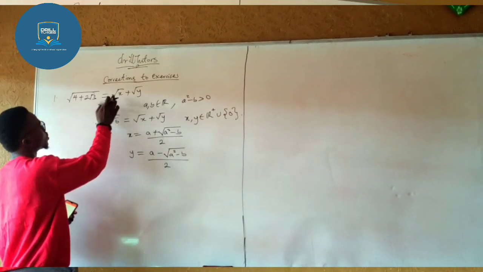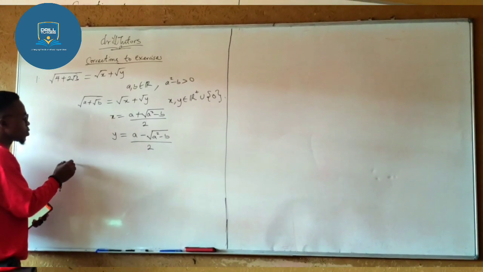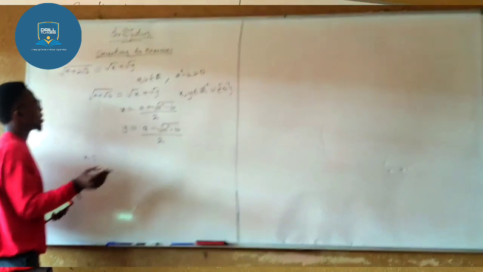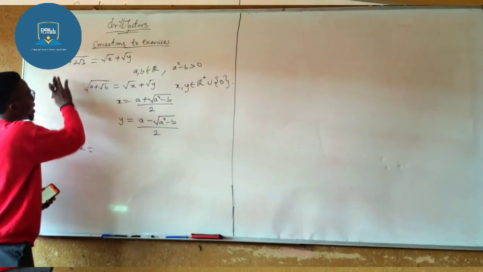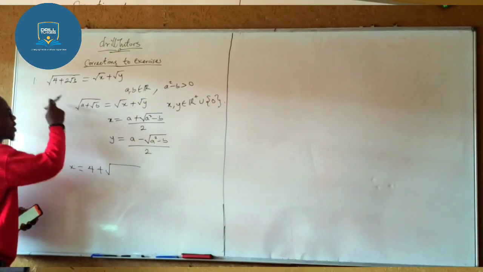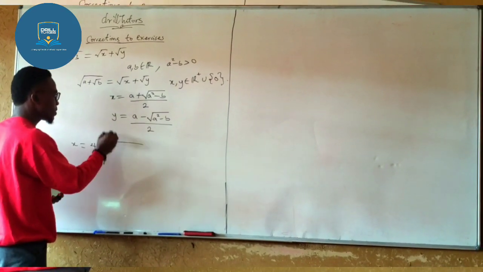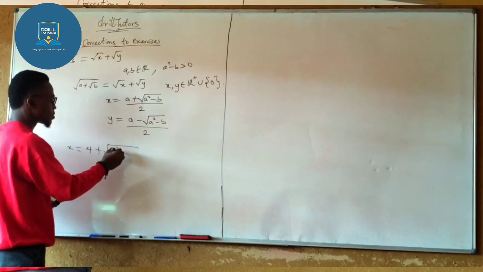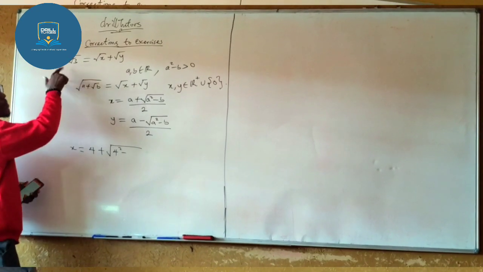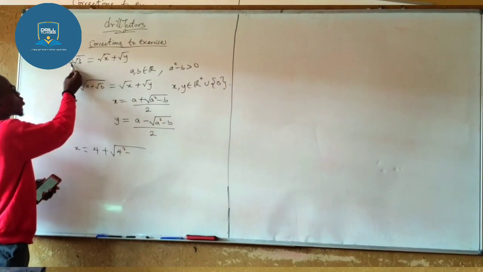Now I want to express this in this form. For x, that will be a plus the square root of a squared minus b, all over 2. What is our a? Our a is 4, which means that the square of 4 is what we give there, minus b. Our b now, see what we have here: inside this one, you have 2 root 3.